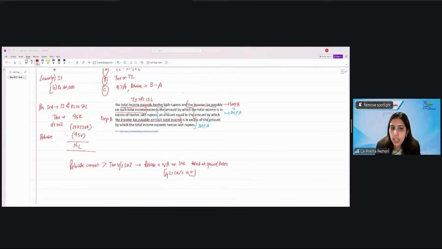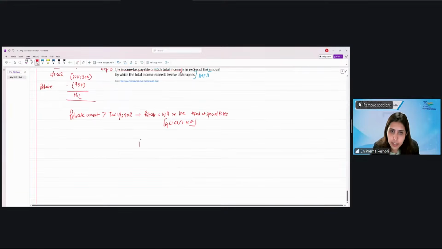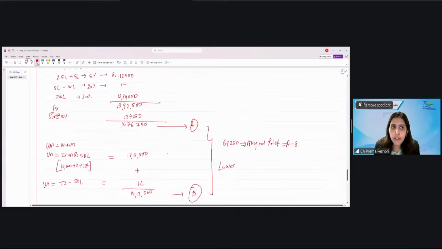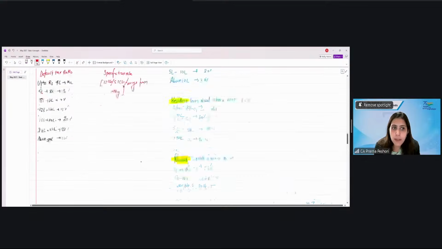Let us look at an example for this. Let us say there is a resident individual who has a total income of rupees 12 lakh 15,000. In this particular case, first of all, we will calculate the tax. Let's say he goes as per 202 only, doesn't opt out. So let us go back to the slabs.